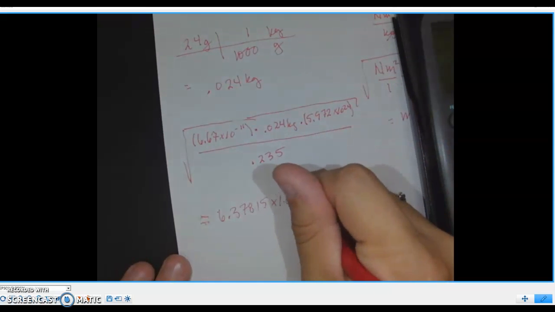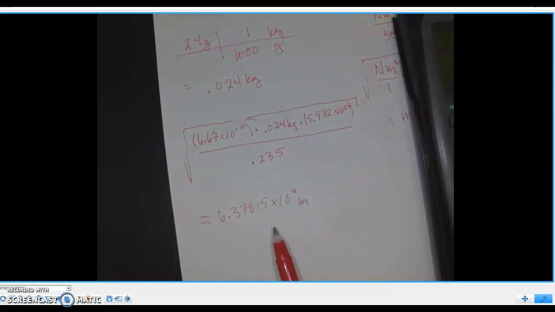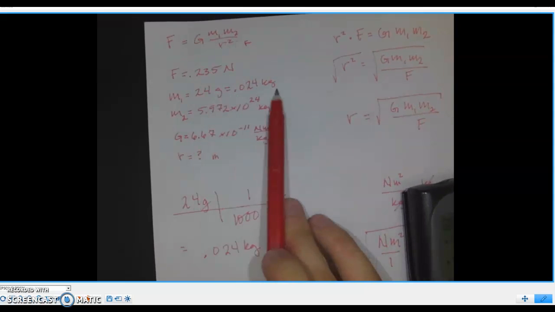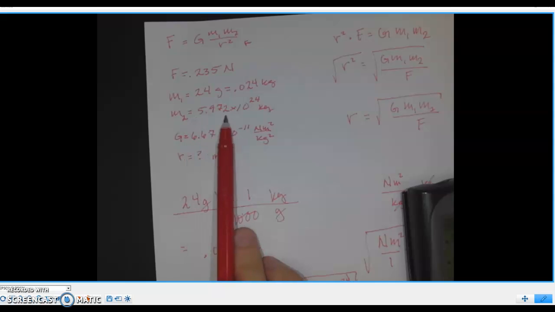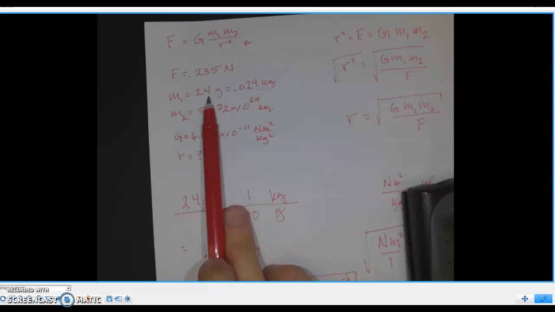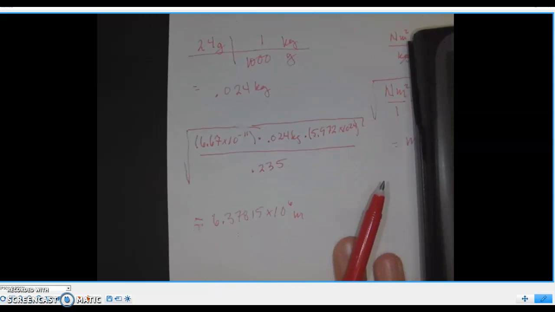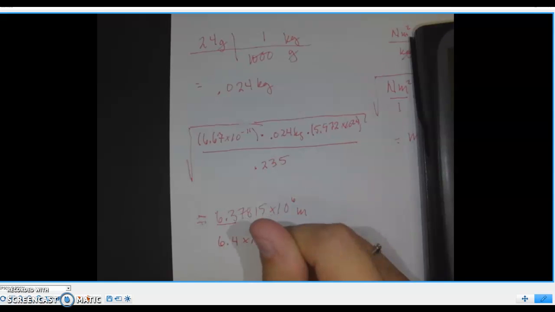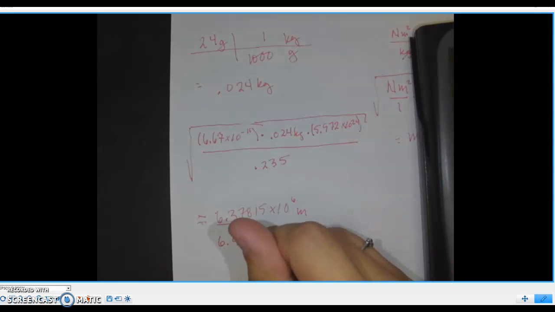I said this was meters. And now I'm going to look at sig figs. So I'll come back to my list. 3 sig figs, 2 sig figs, 1, 2, 3, 4 sig figs, 3 sig figs. That was my least amount of sig figs. So that'll be my 2 sig figs. I round up. And then I give my final answer in meters.